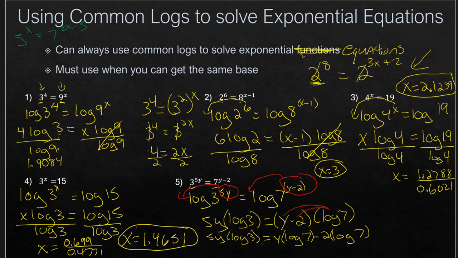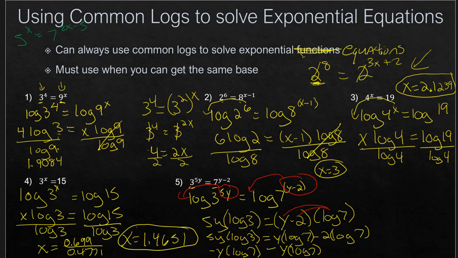All right. So the reason for doing that is because we need the y's on one side. Having the y's on separate sides isn't going to help us solve it. Just like solving an equation, you want all the variables on the same side. So now I'm going to do a minus y log of 7 on both sides.